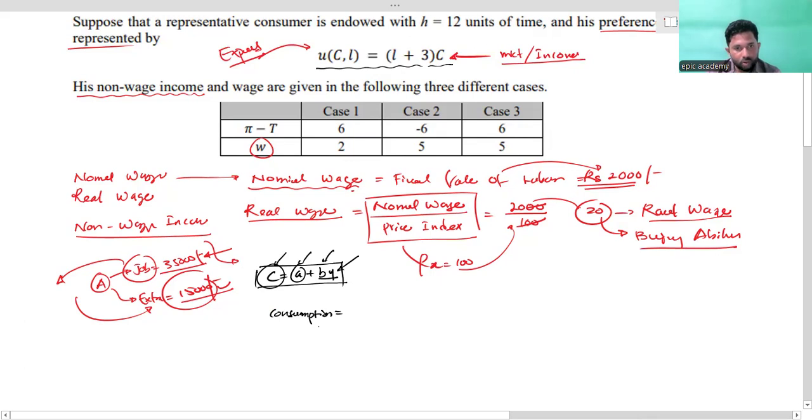Before calculation, you have to derive the equations. That is why I'm going to describe that. Consumption: first of all, we have to consider wage. The consumption will equal wage plus non-wage income.